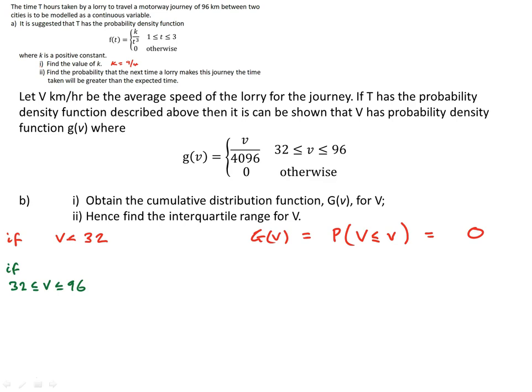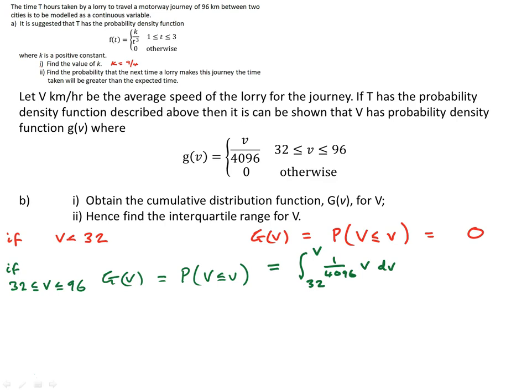If v lies between 32 and 96, then big G of v is the probability that the average speed is less than or equal to little v. So that's going to be the integral between 32 and little v of the probability density function, which is 1 over 4096 times v.